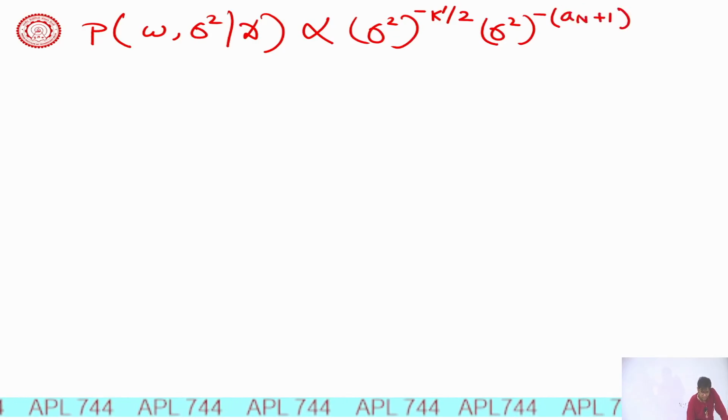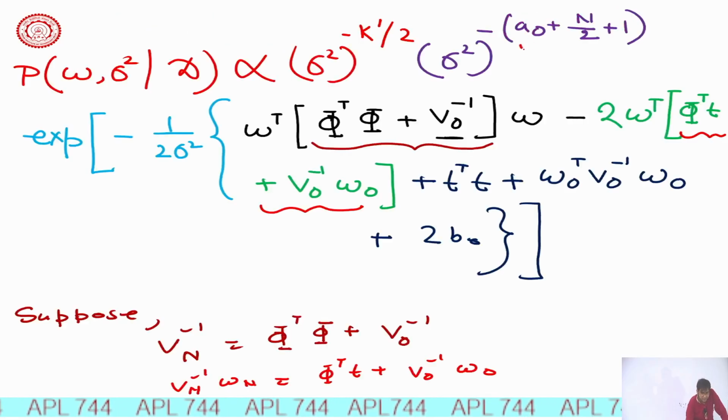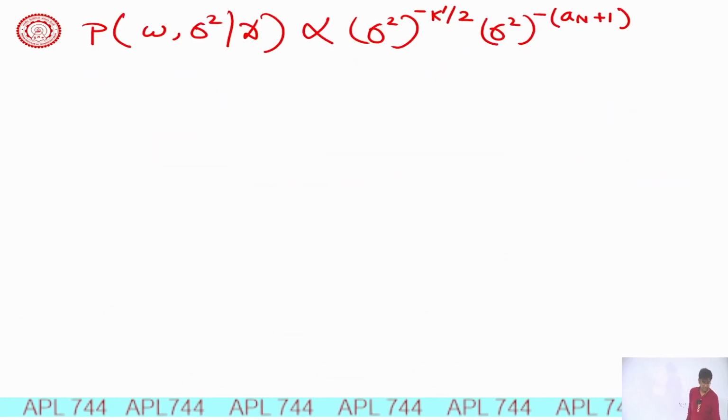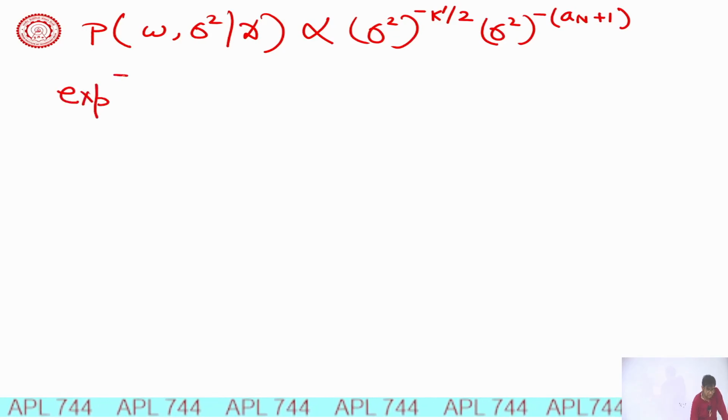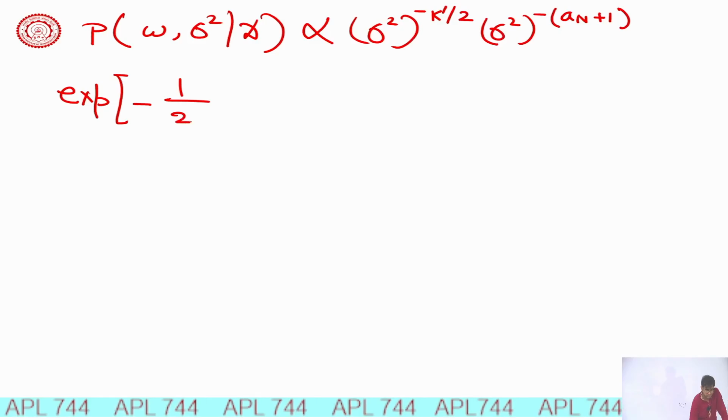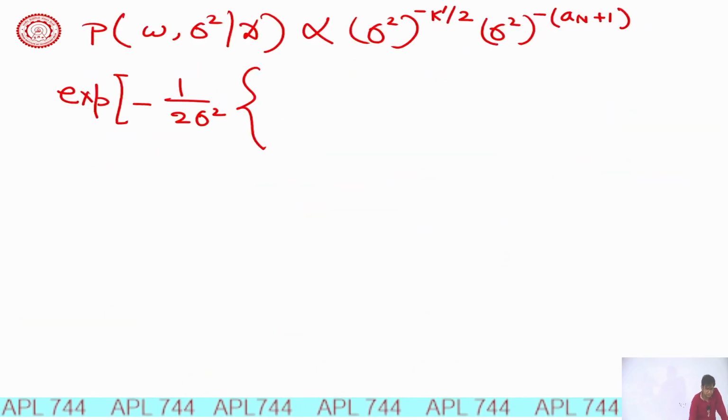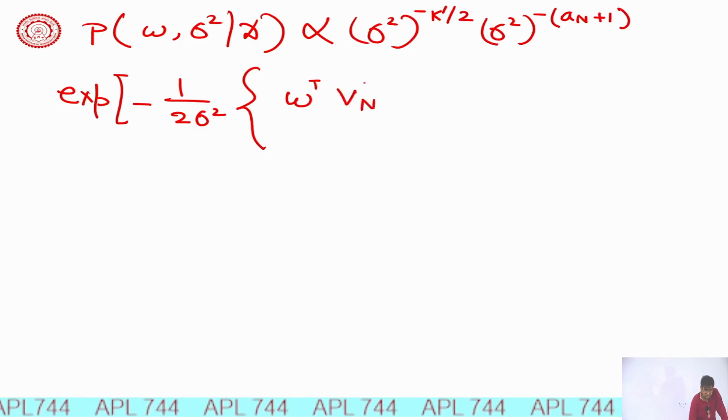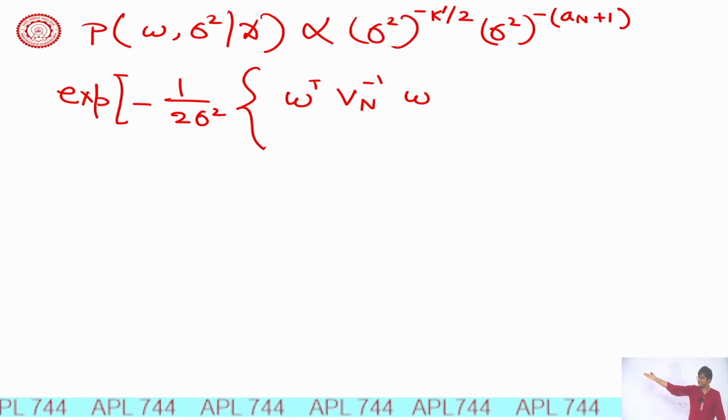A_{n+1}, and that is happening because this one I am calling a_n. Okay. And then exponential minus 1 by 2 sigma square. What do I have? W transpose V_n inverse W. This is our notation, right?